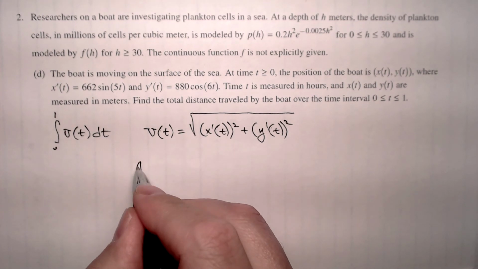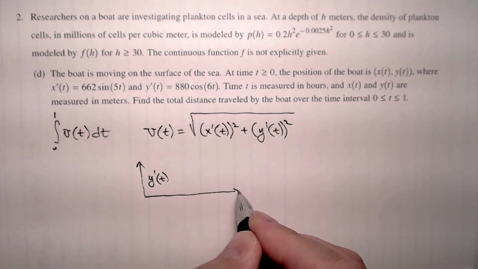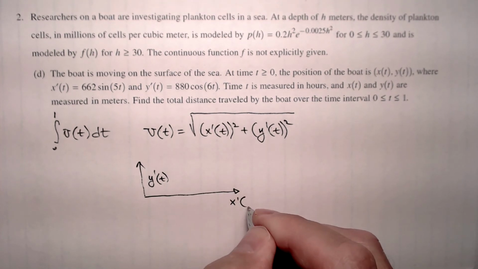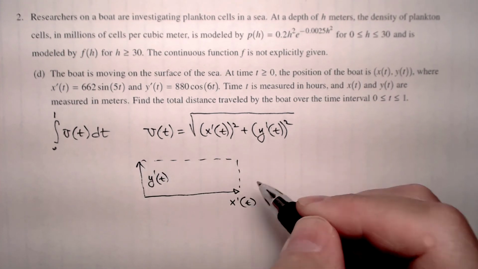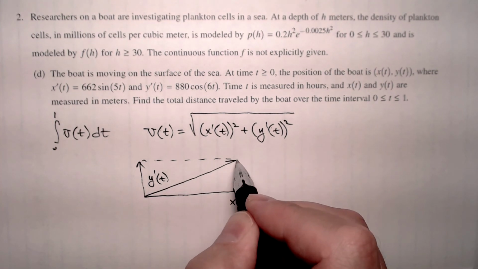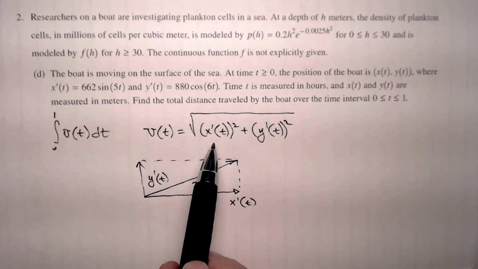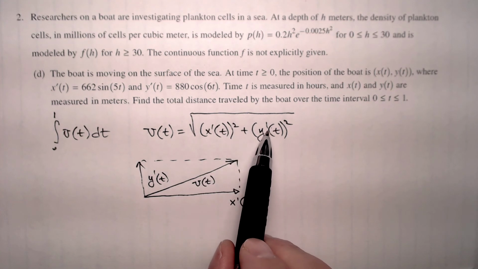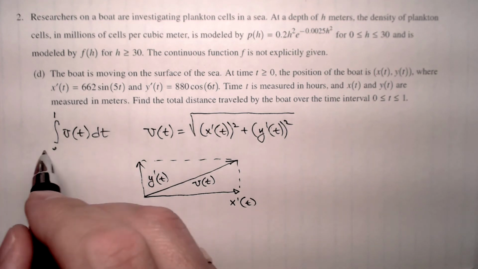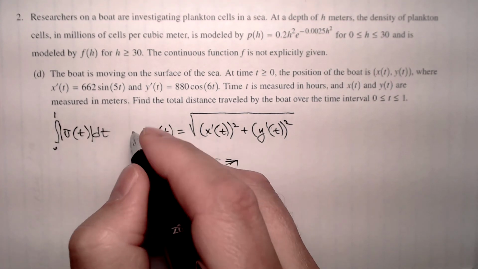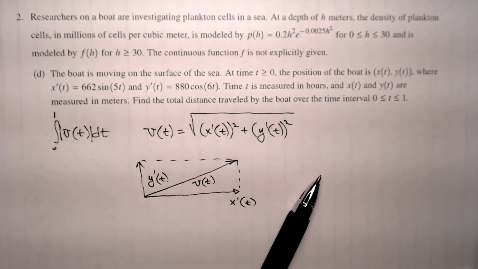Because here is our change y prime of t, velocity in this direction, here is our change x prime of t in this direction, and so the overall velocity is given by the Pythagorean theorem, which is this v of t. We are just finding x prime squared plus y prime squared, and the square root of that gives us the absolute value of the velocity. And this has to be the absolute value of that velocity. So let's do the calculation using the calculator.